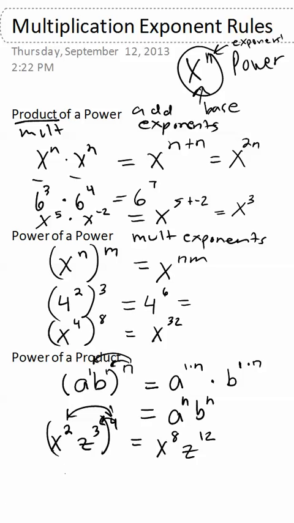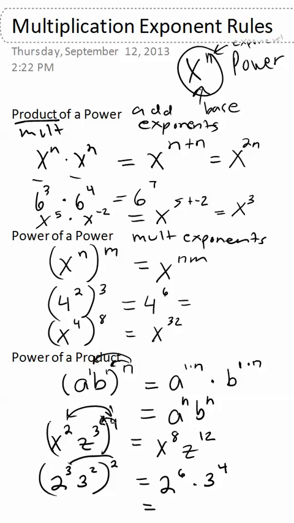Okay, let's try it again. Let's try it with 2 to the 3rd times 3 to the 2nd, and then I want to raise that to the 2nd power. So let's try that. Basically now I'm going to have 2 to the 3 times 2, which is 6, and then 3 to the 4th power.